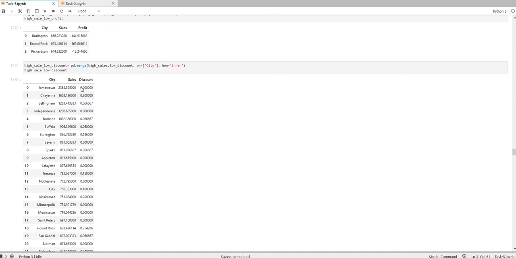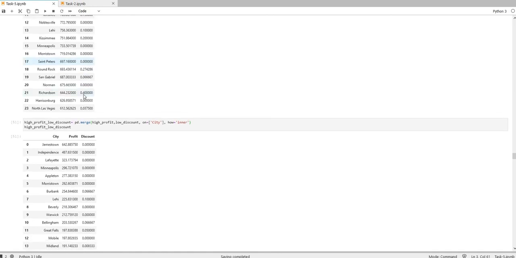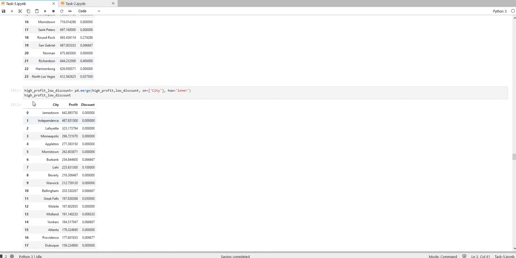Now here is the table of high sales with low discounts. We can see that Jamestown has not given any discount and has a high rate of sales. This is the table of high profit with low discount.